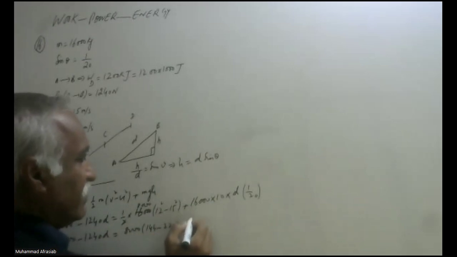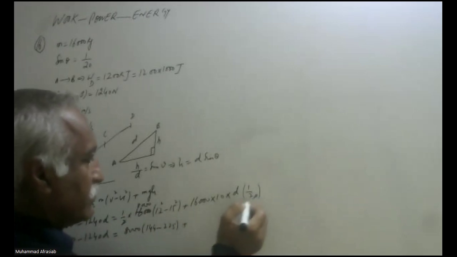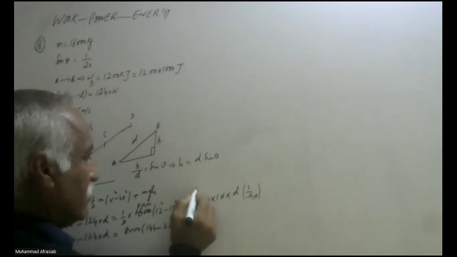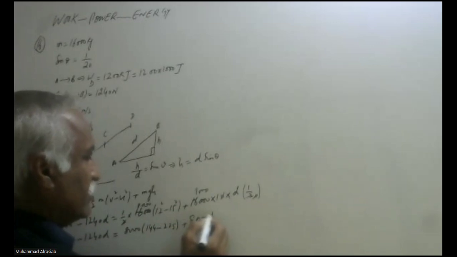So now we will do the calculation of this part. This is 1,200,000 minus 1240 d is equal to 8000 into 144 minus 225, plus 8000 d.